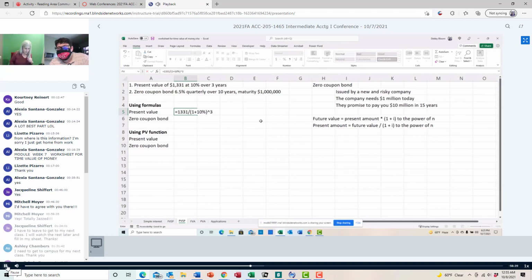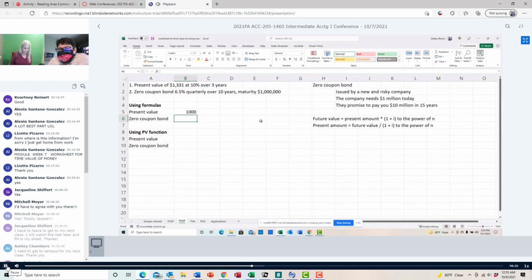I should get right back to 1,000, because we know that 1,000 increased at 10% over 3 years equals 1,331. So 1,331 decreased by 10% over 3 years should equal back to $1,000.